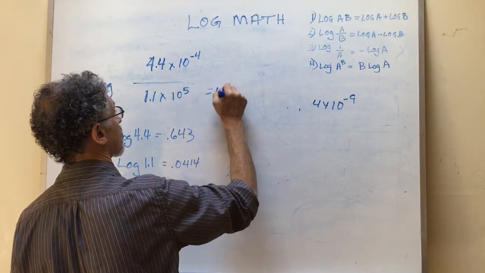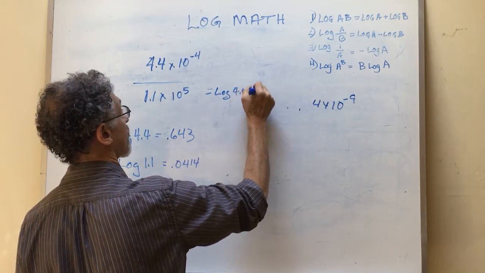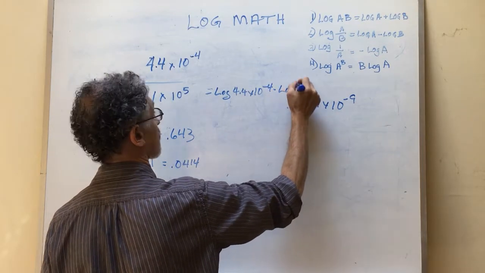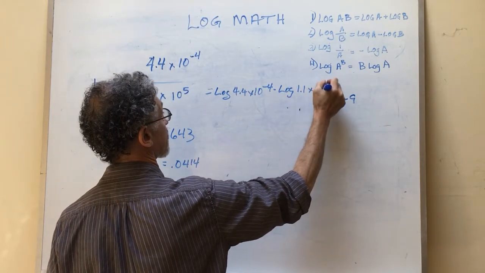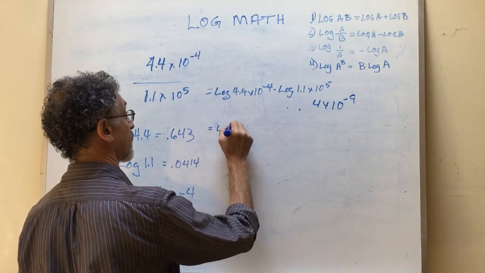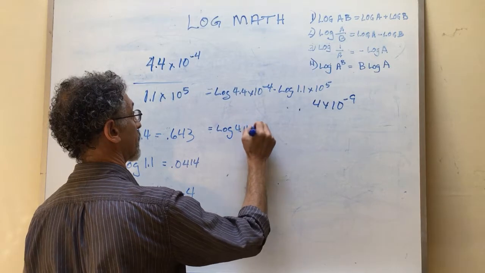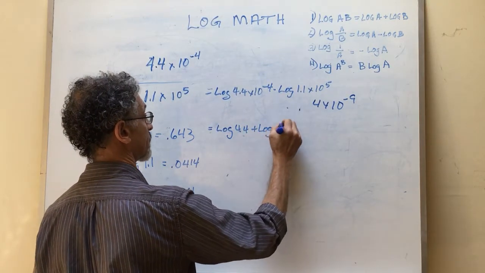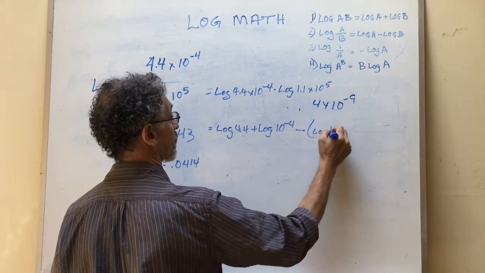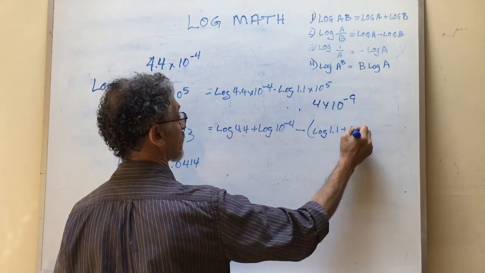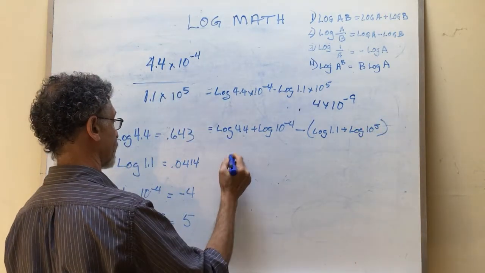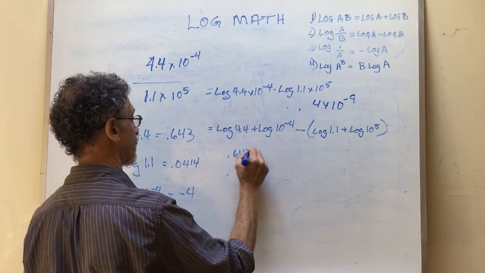This equals log of 4.4 times 10 to the minus 4th minus log of 1.1 times 10 to the 5th, equals the log of 4.4 plus log of 10 to the minus 4th, minus the log of 1.1 plus log of 10 to the 5th. Log of 4.4 is 0.643.